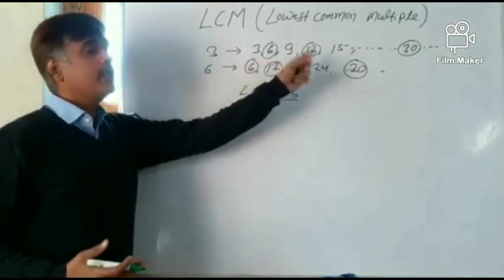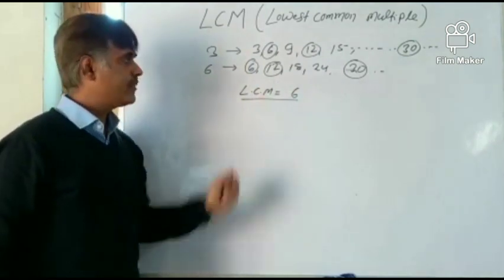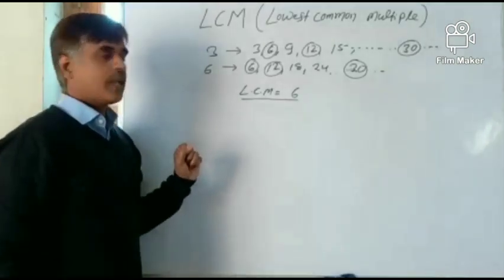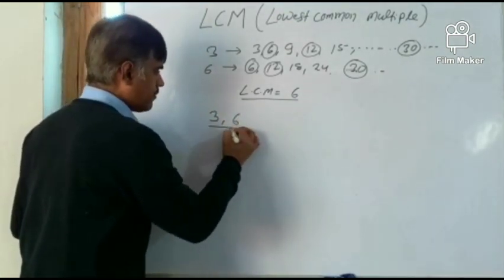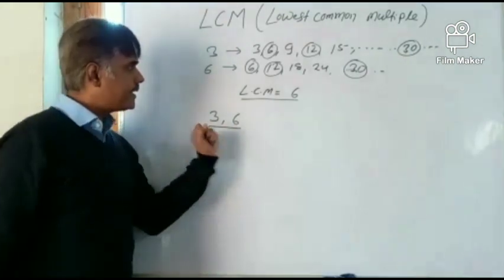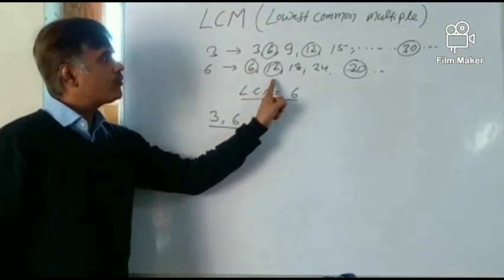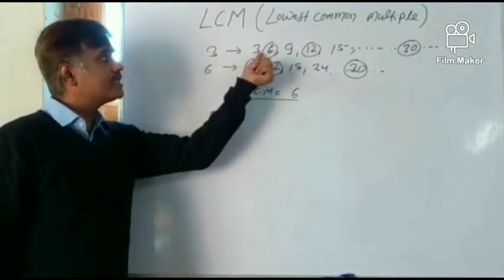But this is also a lengthy process, like the one we talked about at the start of this video. Okay, so now do one thing. Suppose we have to find the LCM of 3 and 6. One thing we can clearly observe is that multiples cannot be less than the given number. The multiple of 3 cannot be less than 3.